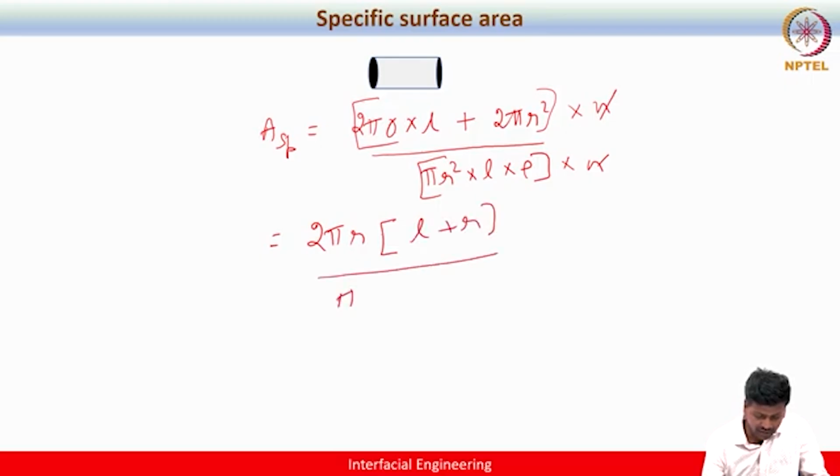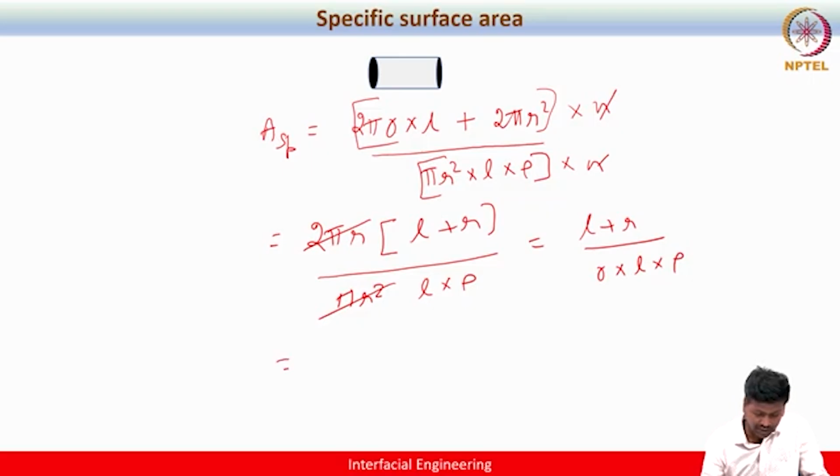Then I have pi r square, then L into rho. So I can cancel this common term. Then I will simply have L plus r divided by r into L into rho.